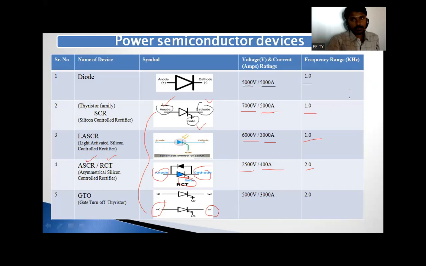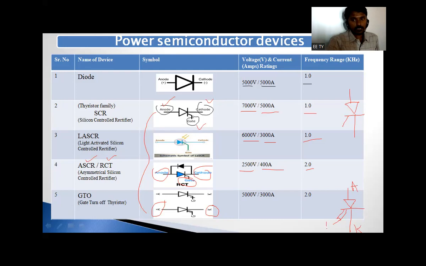SCR looks like this. Clear? This is the anode and this is the cathode.